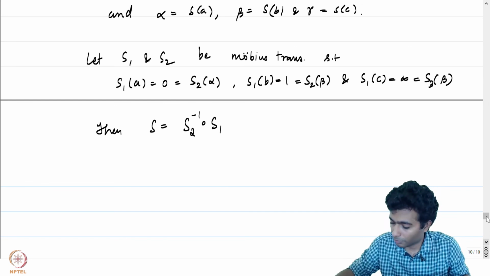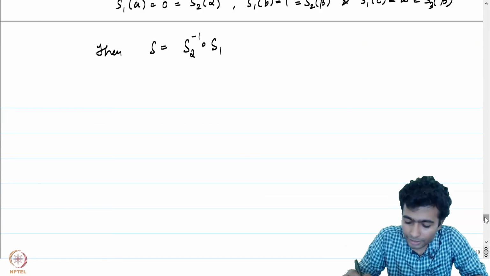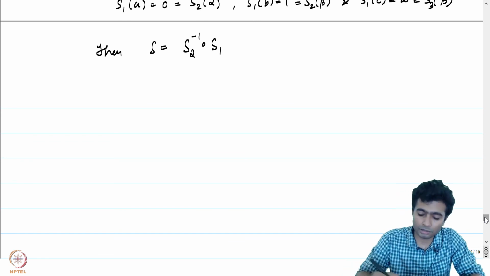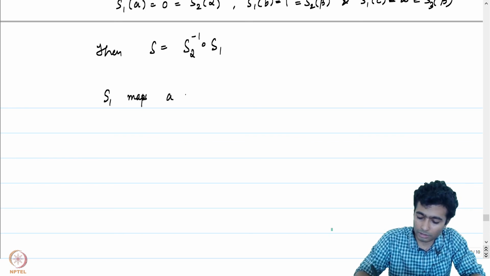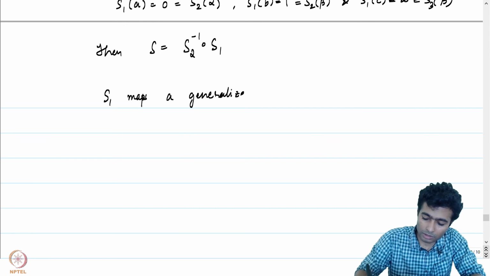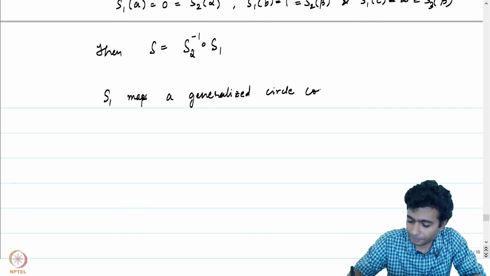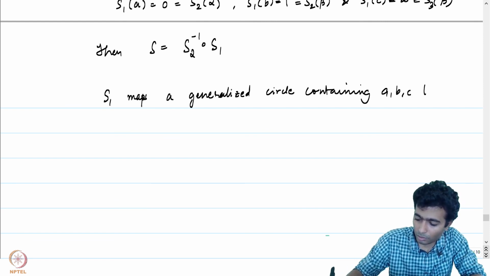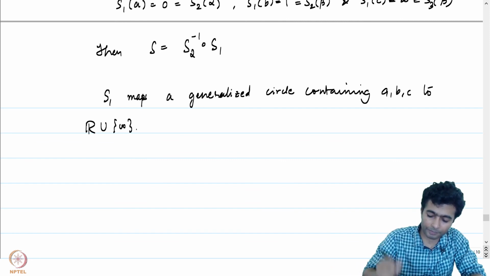The Mobius transformations coincide. Now the good thing about S1 and S2 here is that from the previous computations, S1 maps a generalized circle containing A, B, C to R union infinity.